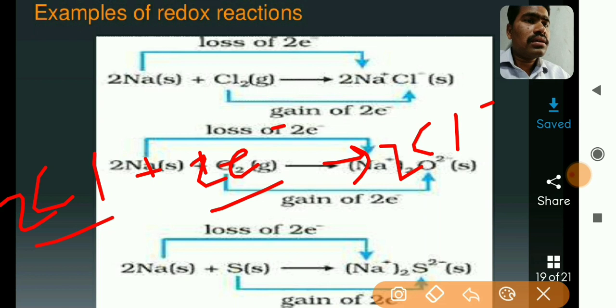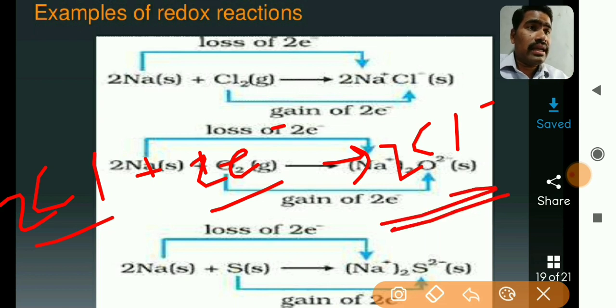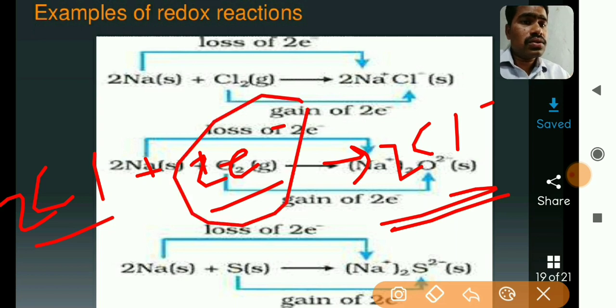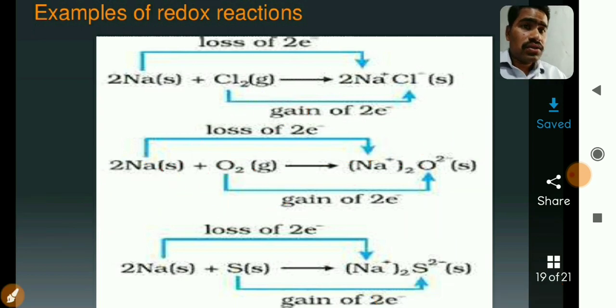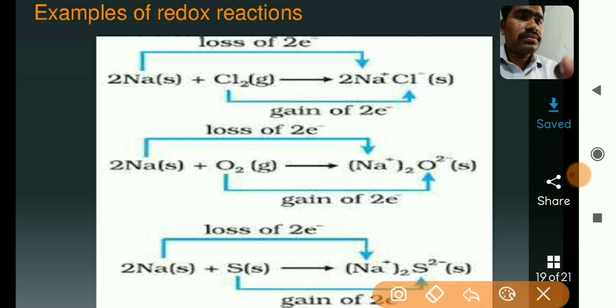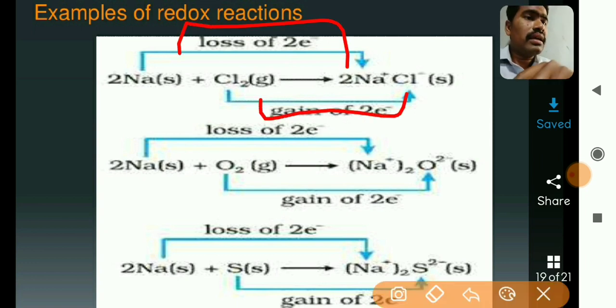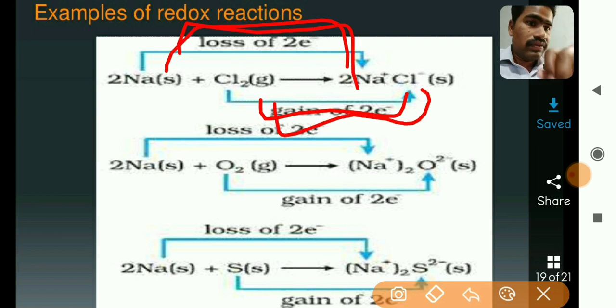So here 2 Cl minus means 2 chlorine ions. That means 2 chlorine ions have got 2 electrons. These 2 electrons they have gained, and that's why it is called reduction. So this is oxidation, and this is reduction. Why is it so? Because this is a loss of electron, this is a gain of electron.